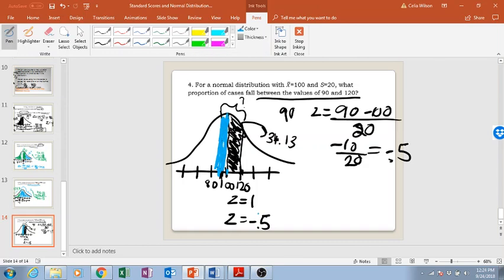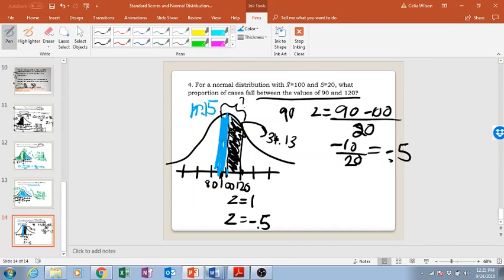But between a 1 and a negative 0.5, or 90 and 120, that area would be this, and then also this blue area. So let me look up 0.5. It's at the top of the third column, and it's 19.15.